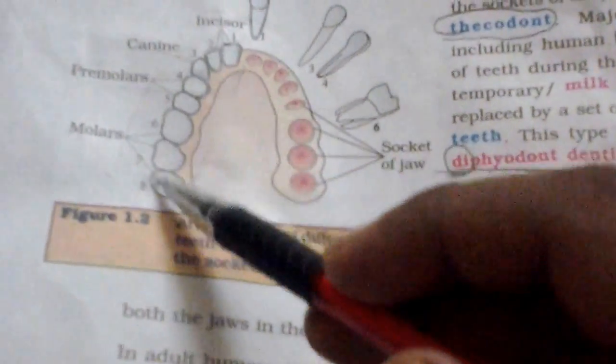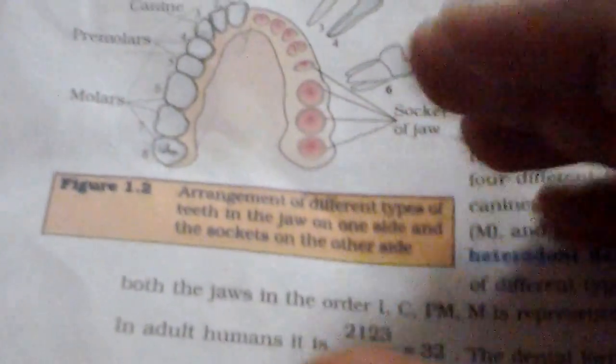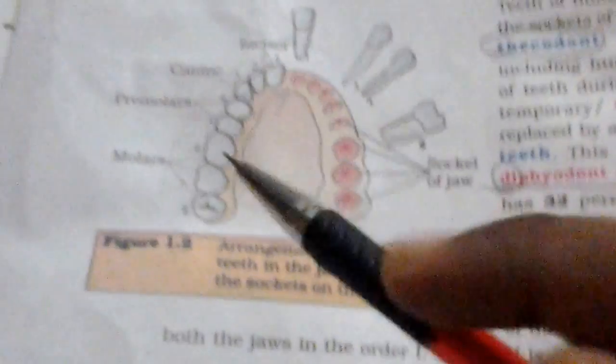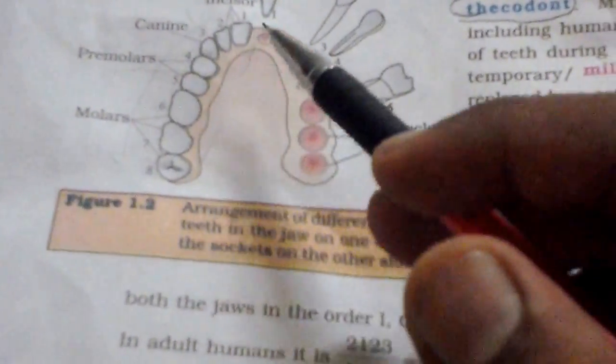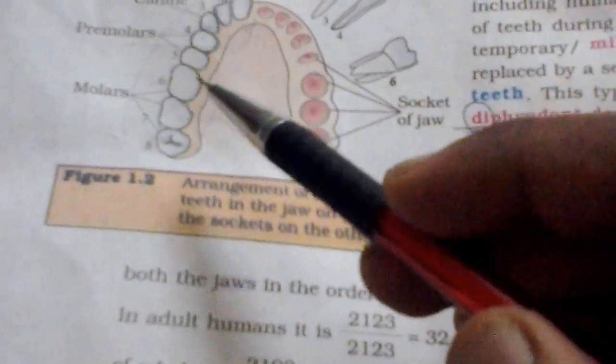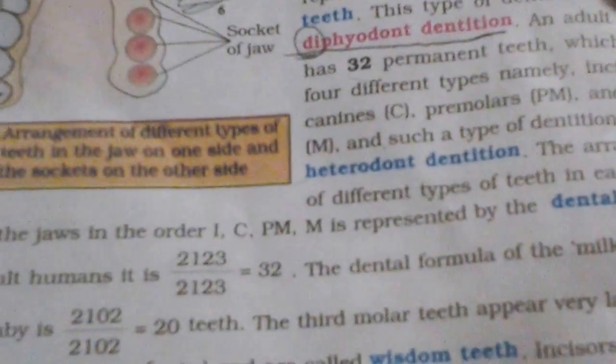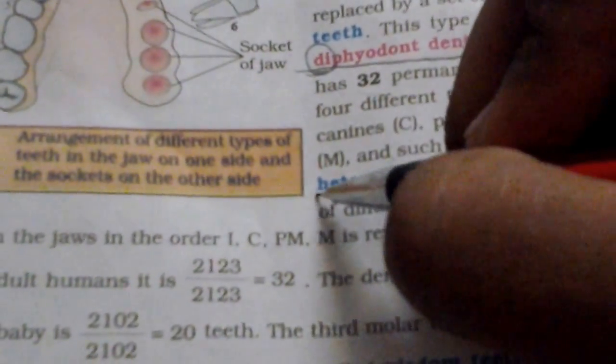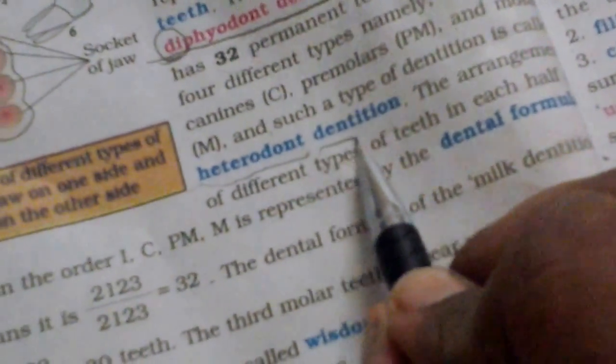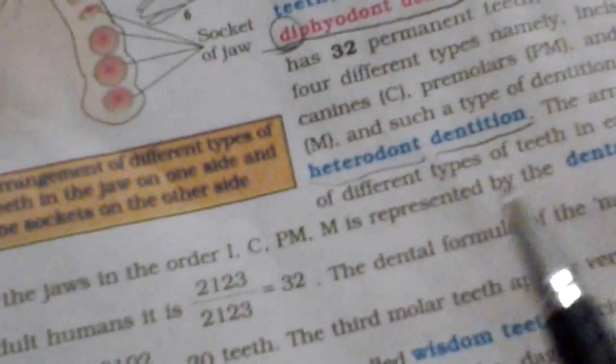This kind of arrangement of different kinds of teeth in your mouth is called heterodont. Hetero is different, dont is teeth. So heterodont dentition is the difference in the arrangement of teeth in your mouth. This is another word that intermediate students should remember: heterodont dentition.